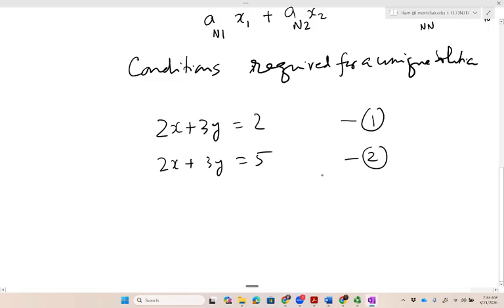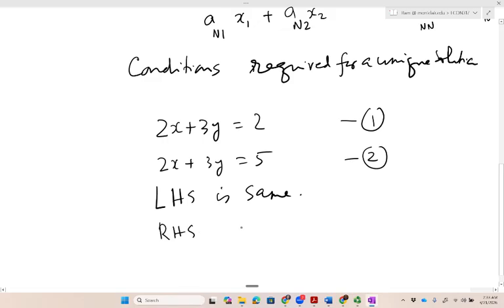And you can see there is a problem. There is a problem in the sense that in both the equations, the left hand side is the same, 2x plus 3y. But you notice the right hand side is 2 for equation number 1 and 5 for equation number 2.